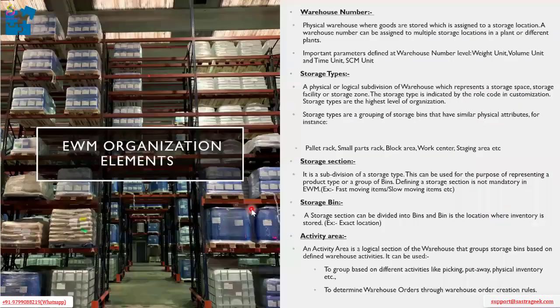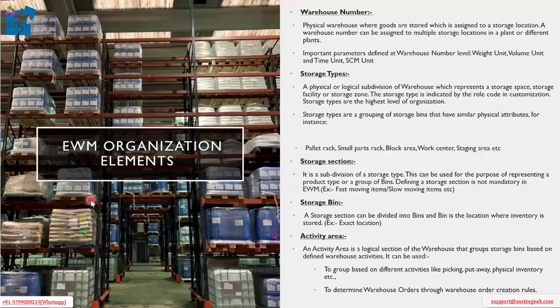Now, what are the storage types? The storage types are the physical or logical subdivision of a warehouse which represents a storage space or a storage facility. Depending upon the product attributes, each and every storage type gets differed.